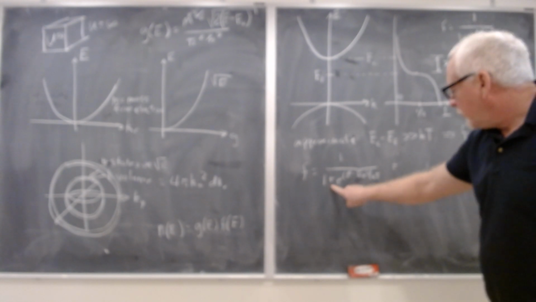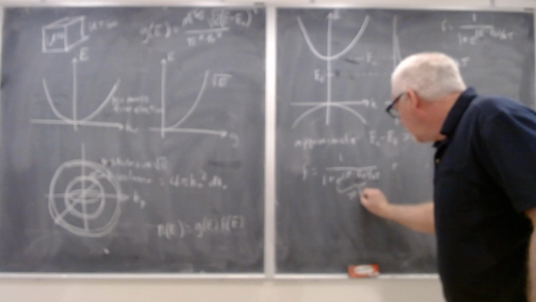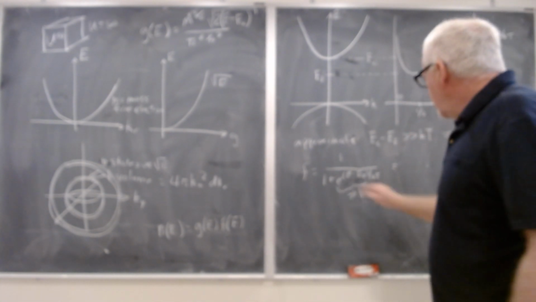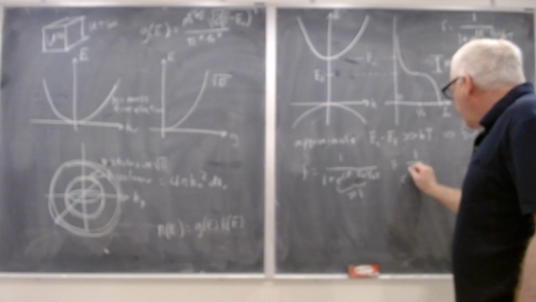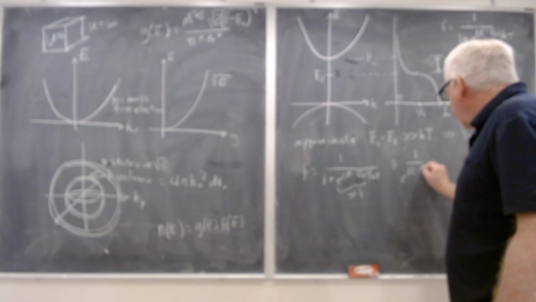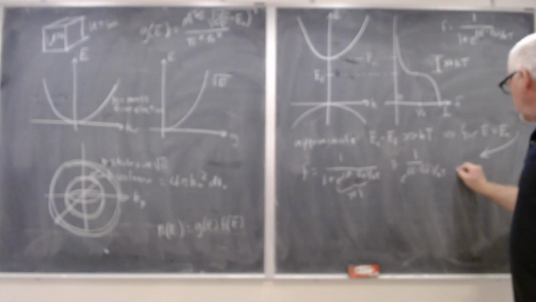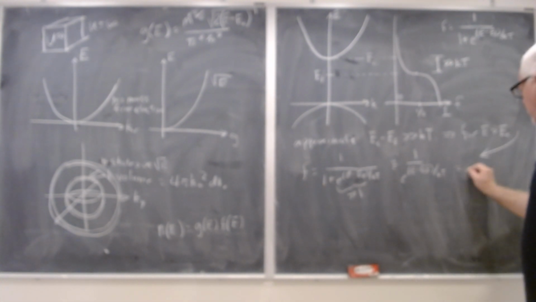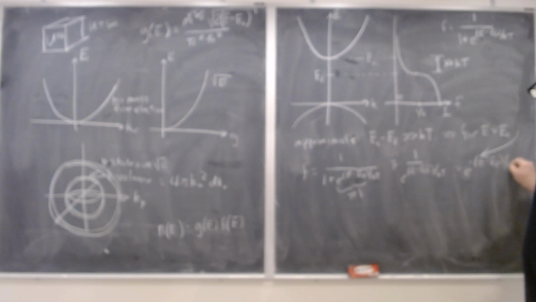So that's much bigger than 1. So I can write that as approximately 1 over e to the E minus EF over kT, which is equal to e to the negative E minus EF over kT.